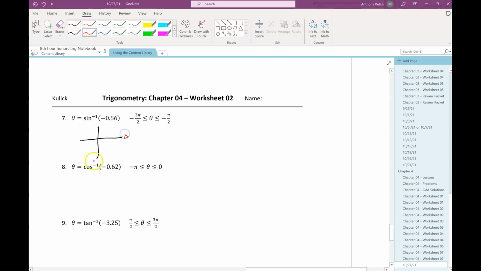So 0, this is negative pi over 2. This is negative pi. This is negative 3 pi over 2. So we're talking about these two quadrants. So all silly turtles crawl. So between quadrants 2 and 3, where does sine have to be negative?